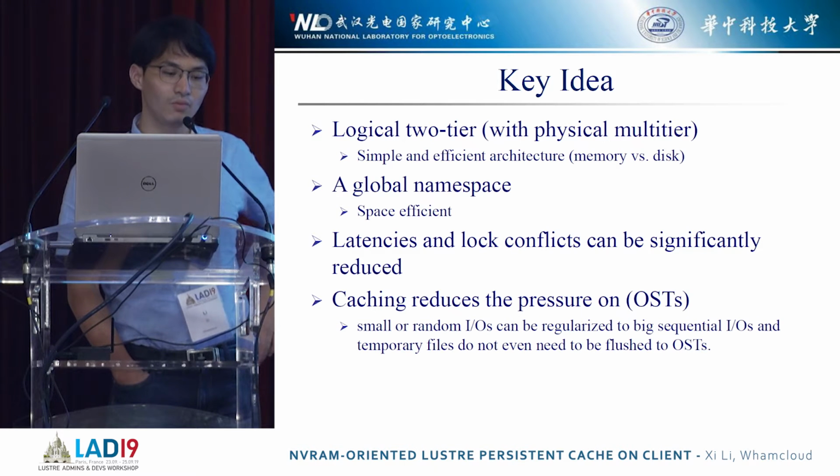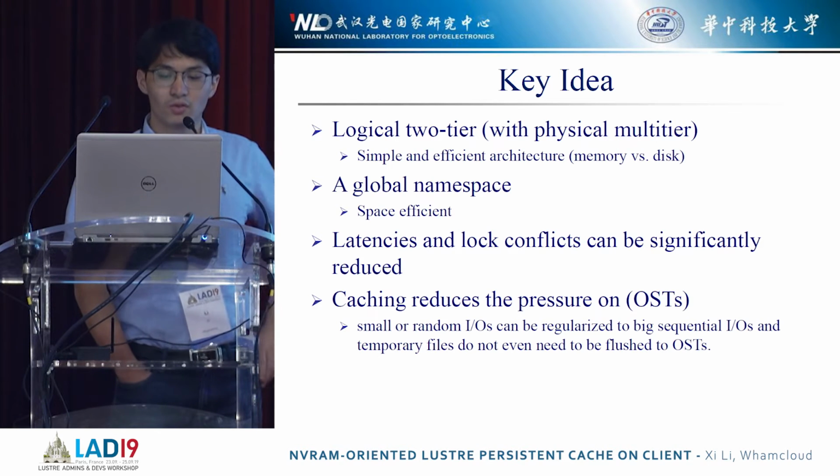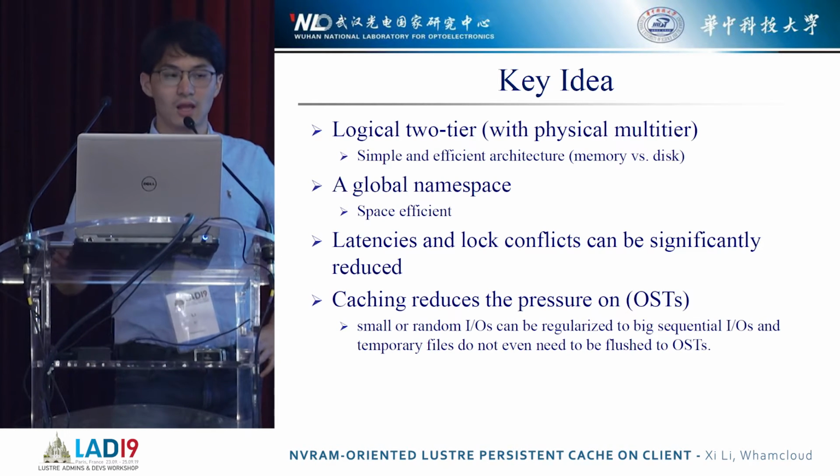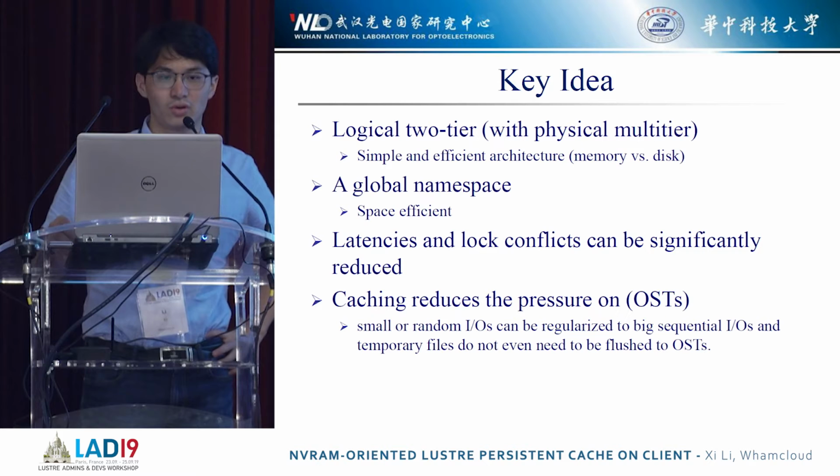So we provide the same namespace as the global Lustre file system. That's important because otherwise it is hard to manage. And also, because of this cache, we can reduce the latency and lock conflicts, and we can reduce the pressure on the OSTs because some of the I/Os will be totally cached at the PCC level.